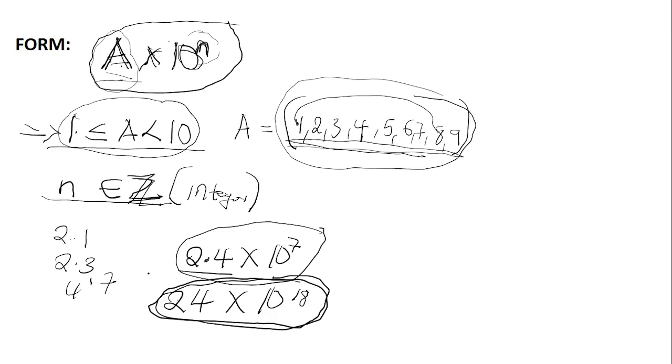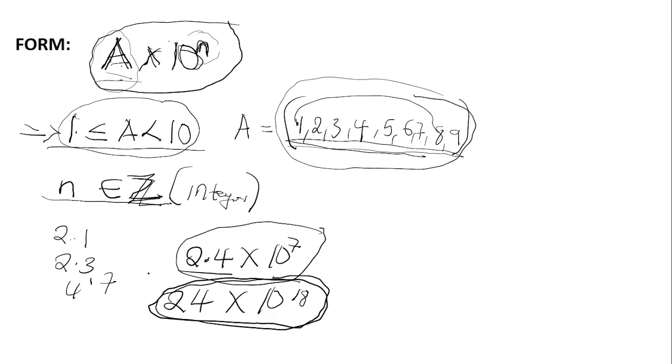So the rule is that the part for A, the first part, has to be between 1 and 9. Any number that's above, then you have written your standard form wrongly. For instance, does anyone remember the Avogadro's number?